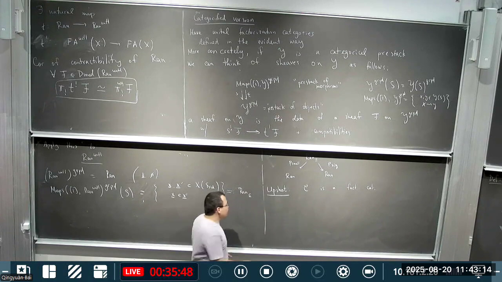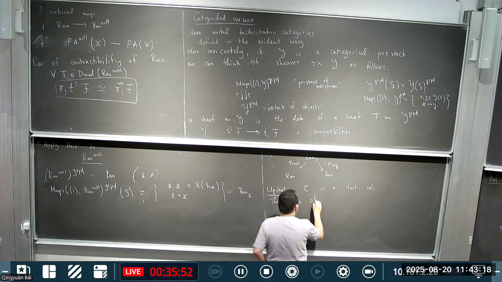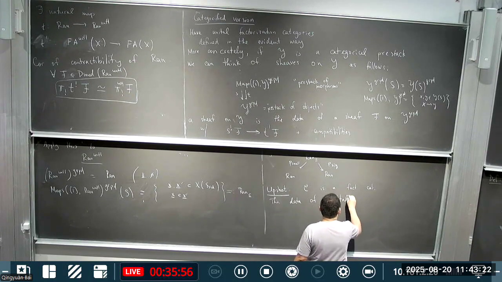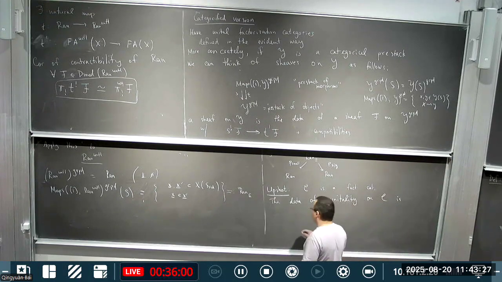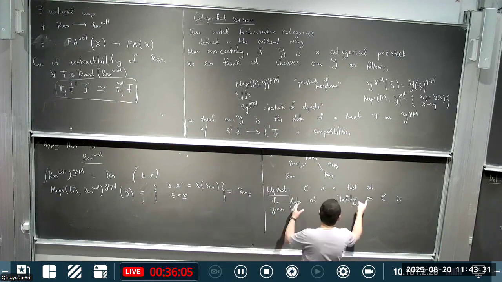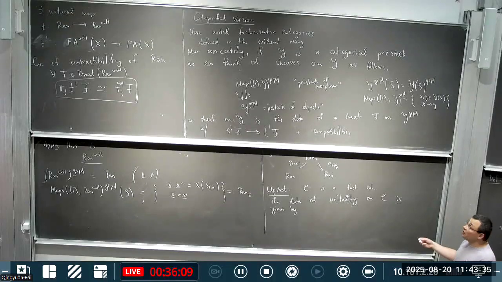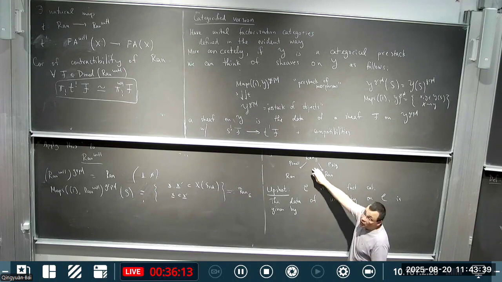The data of unitality on C is given by... So explicitly, if you have a factorization category and you want to upgrade it to a unital factorization algebra, you have to give this kind of equivariance with respect to this thing.